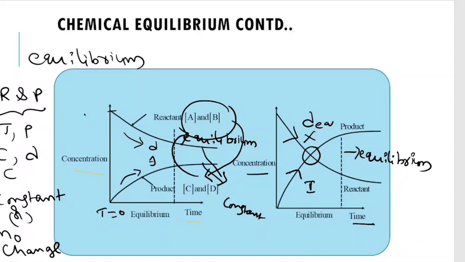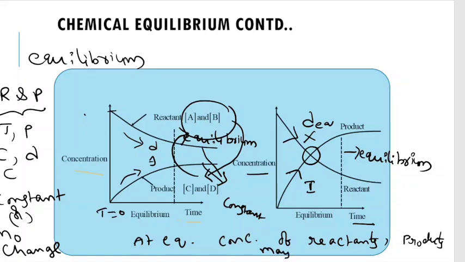So here the conclusion is, at equilibrium, listen carefully, the concentrations of reactants and products may or may not be equal.